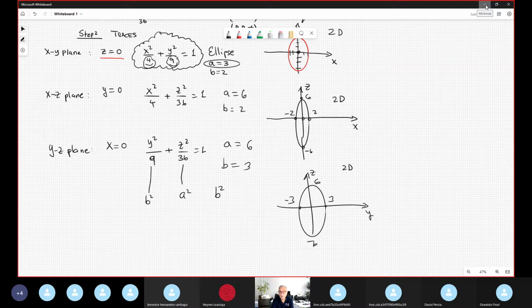Okay, there you go. Ellipsoid script. Boom. Okay. Now let me share the screen with this GeoGebra script. Switching to GeoGebra. Trace ellipsoid.